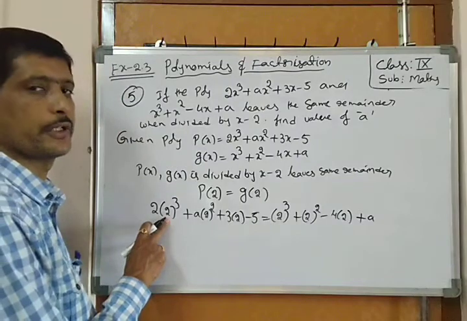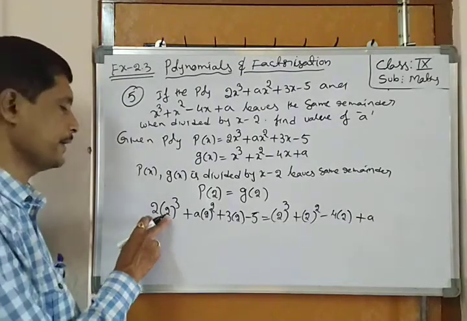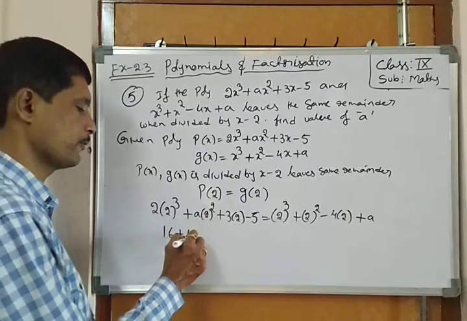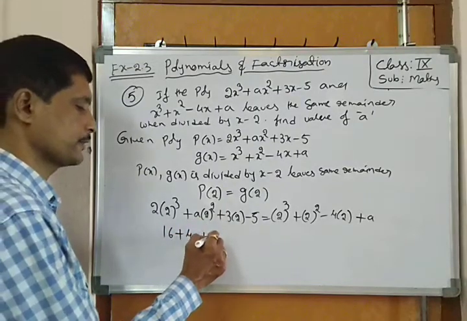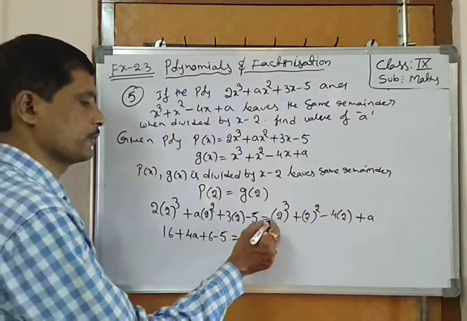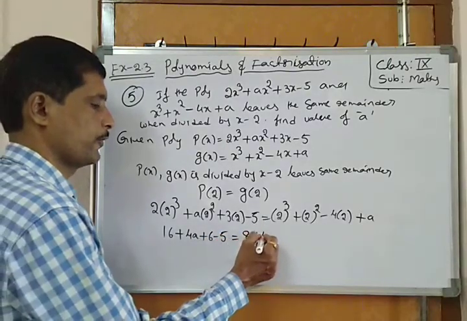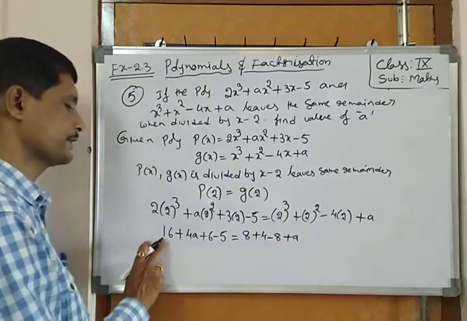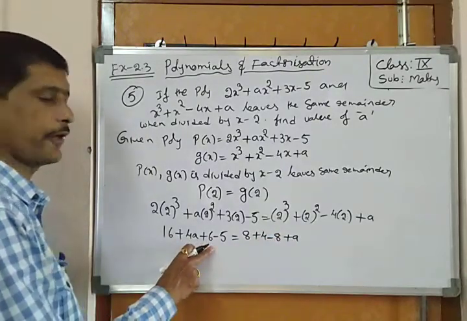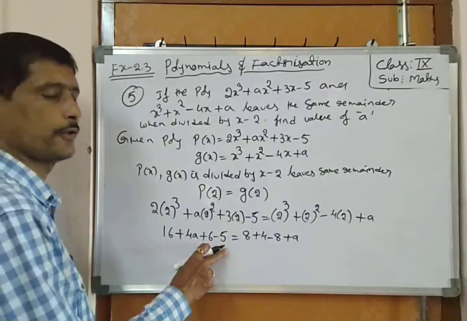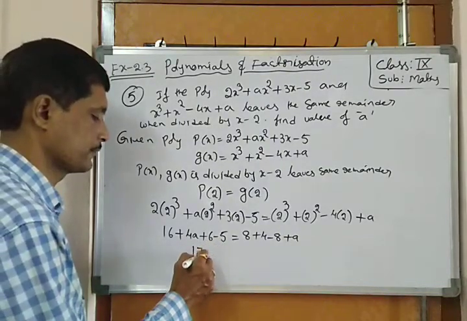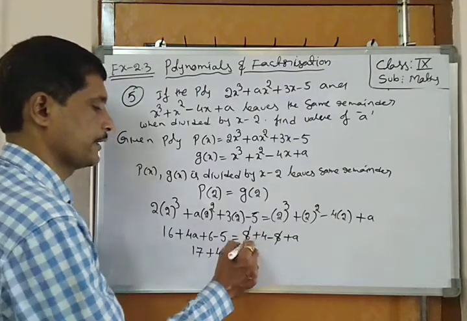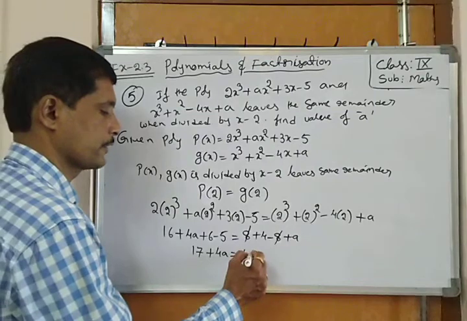Here 2 cube is 2 into 2 into 2, that is 8, 8 into 2 is 16. Next, 2 square is 4, so 4a, and 6 minus 5, equal to 8 plus 4 minus 8 plus a. Here 16 plus 6 is 22, 22 minus 5 is 17, plus 4a. Here 8 and minus 8 get cancelled, leaving 4 plus a.